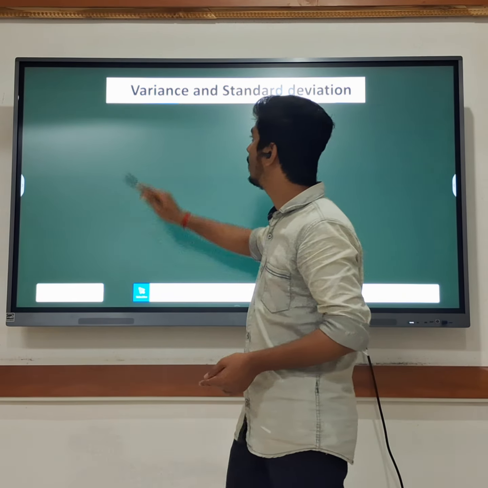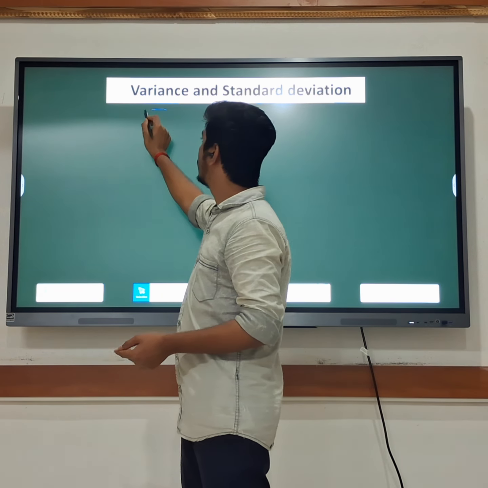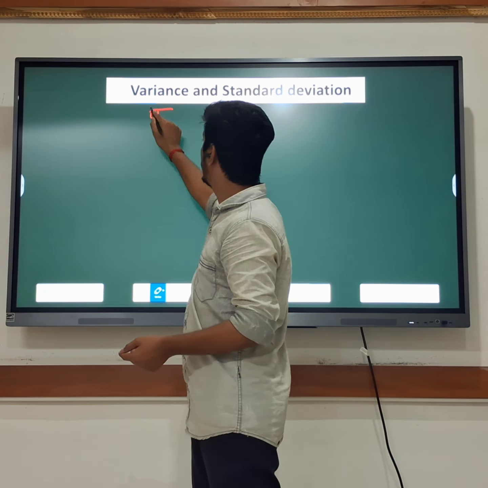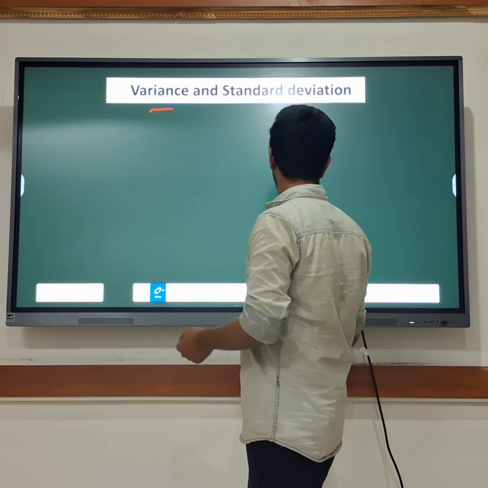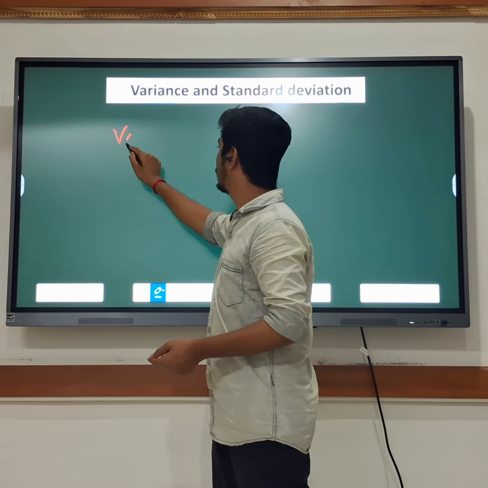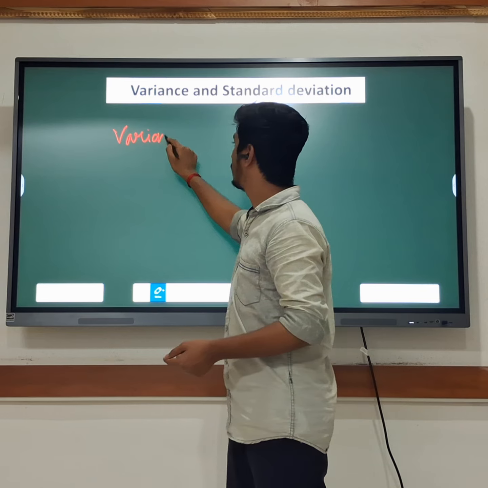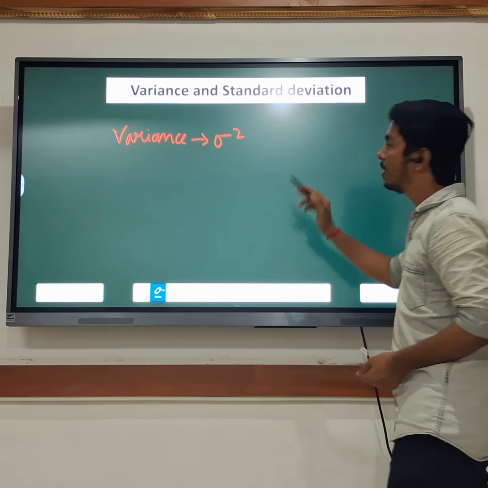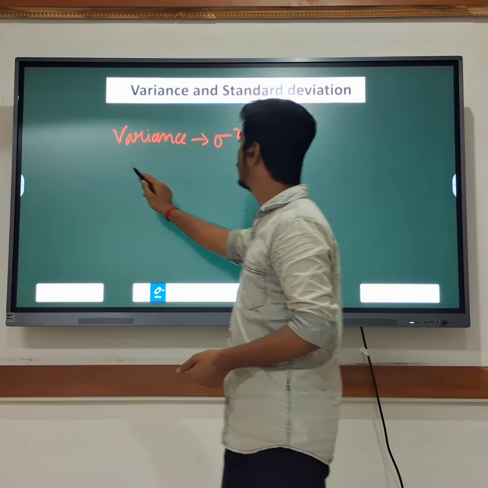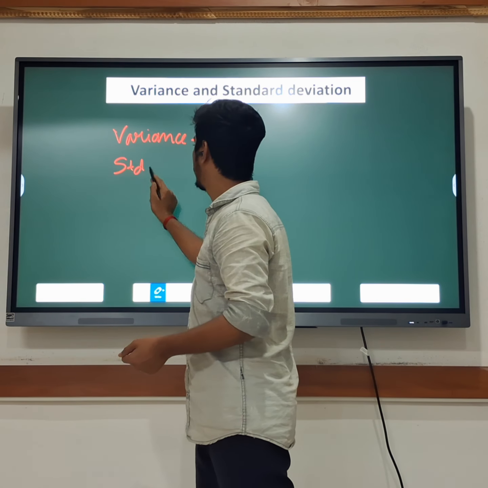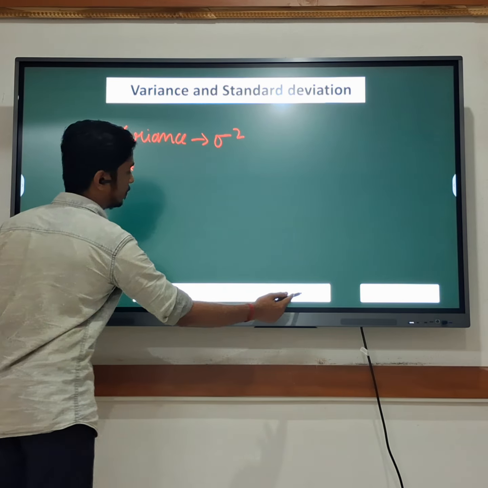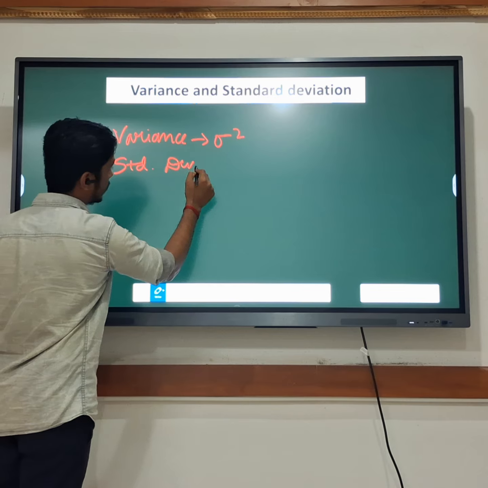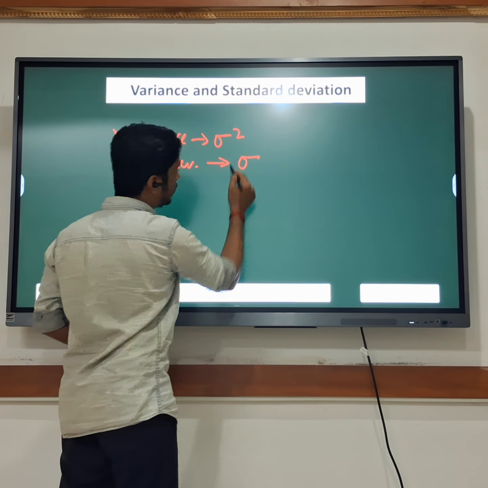The notation of variance is sigma square, and the notation of standard deviation is sigma.